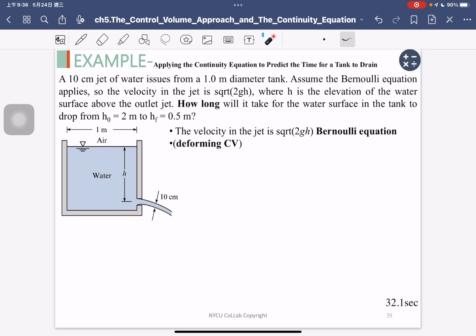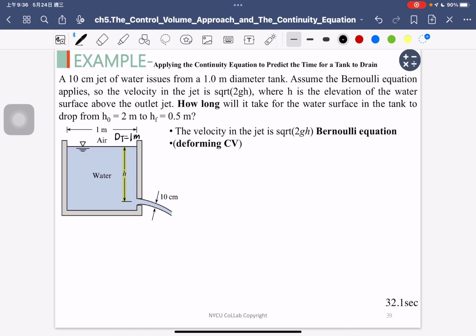So we have a water tank, and we have the water depth h. The diameter of the tank is 1 meter here, so maybe I write down dt is 1 meter. This is the diameter of the tank.